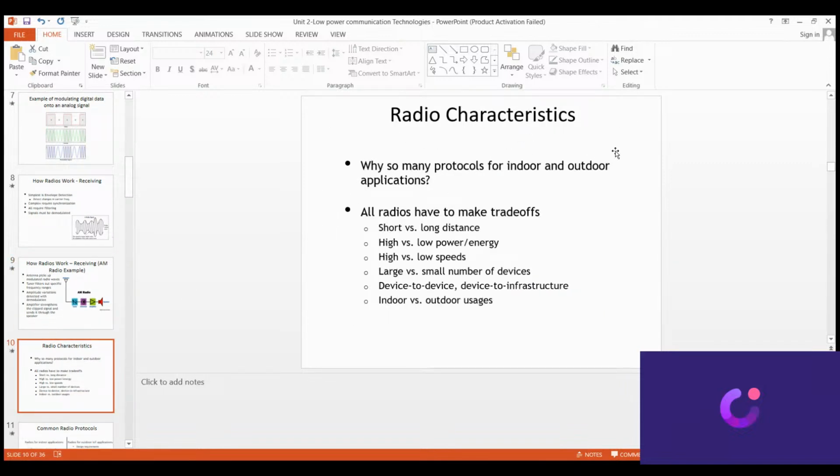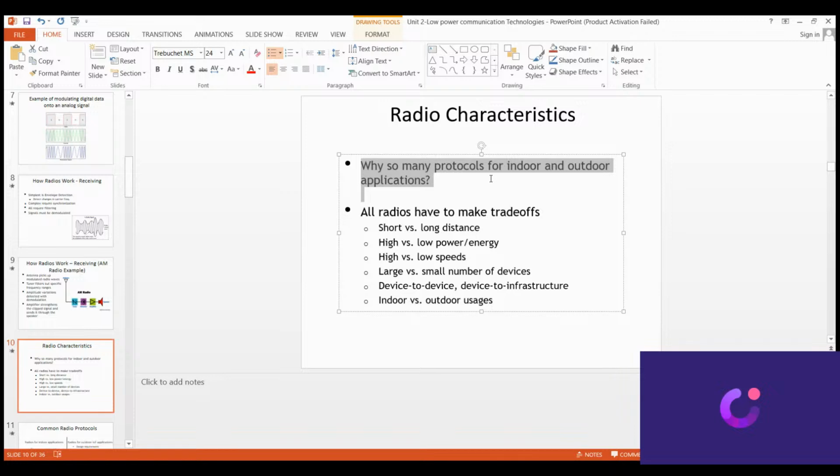Radio characteristics. Why so many protocols for indoor and outdoor applications?